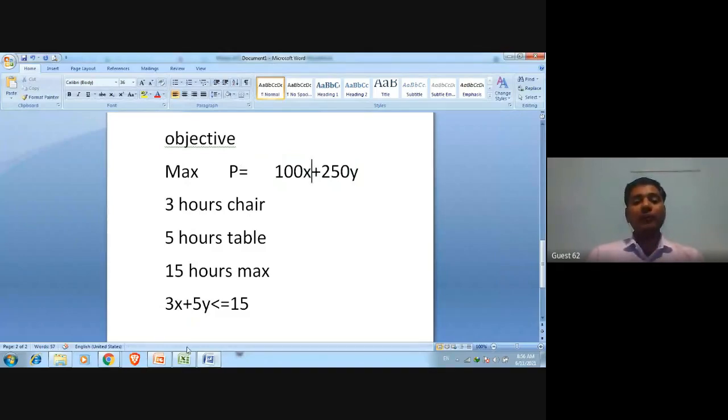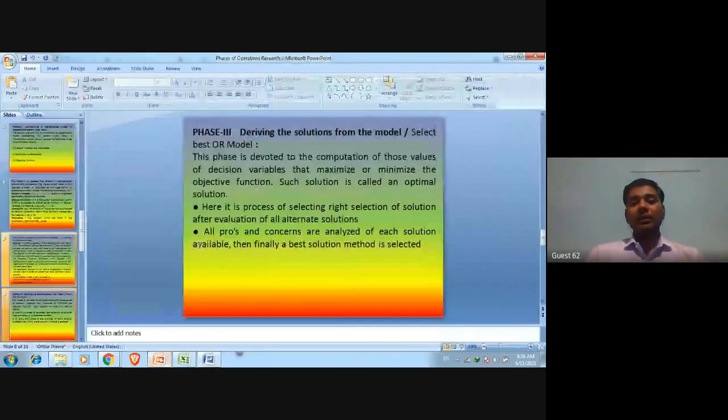So you have to find the value of the decision variables. This phase is devoted to the computation of those values of decision variables, the process of selecting the right solution after evaluation of all alternate solutions.